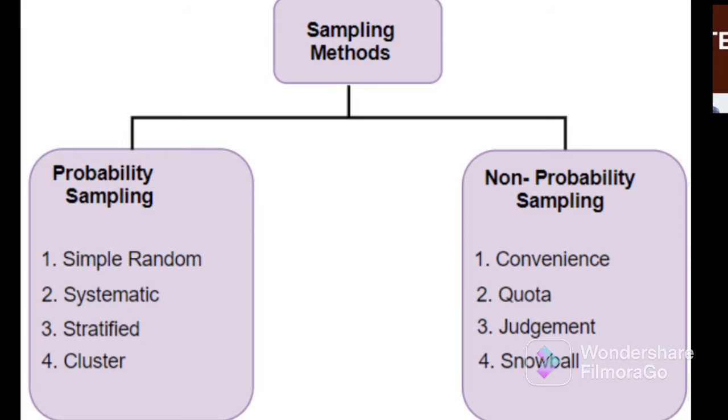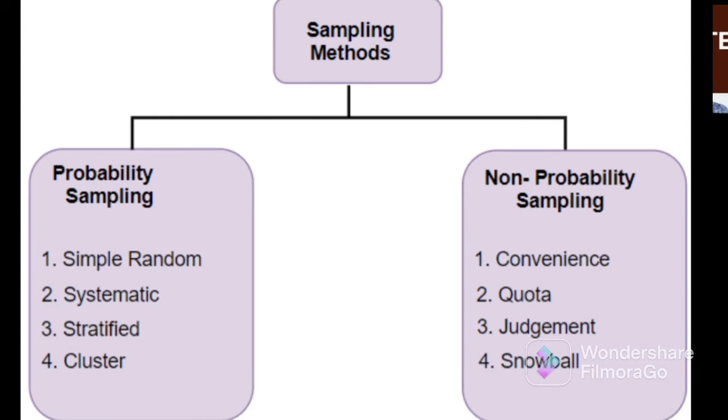The probability sampling is also termed as scientific sampling, as every element of the population is given an equal chance to be considered as an element of the sample. While in a non-probability sampling, you are not giving equal chances to all the elements of the population to be considered as a member or as a participant of the sample.